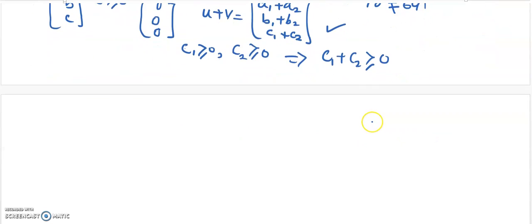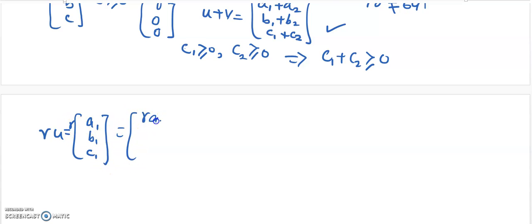How about the third condition? The third condition is r times u, which is r times a1, b1, c1. So it will be ra1, rb1, rc1. ra1 and rb1 are real numbers, like a and b. So we need to check rc1.